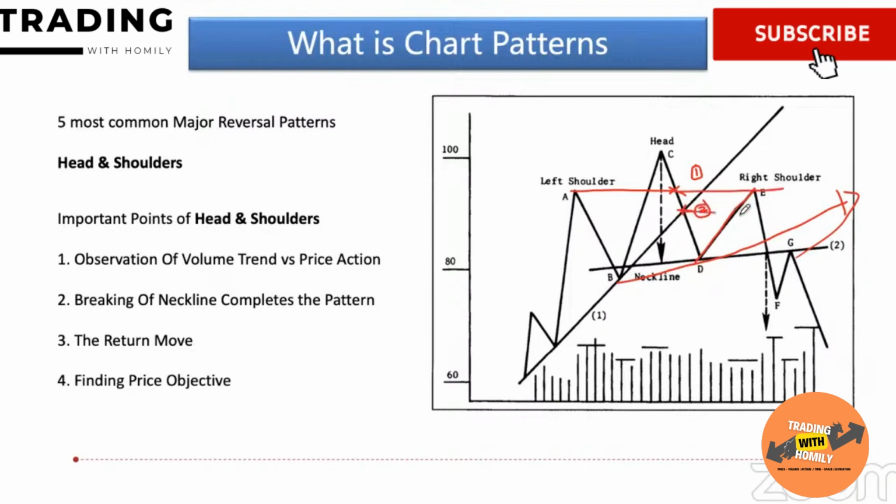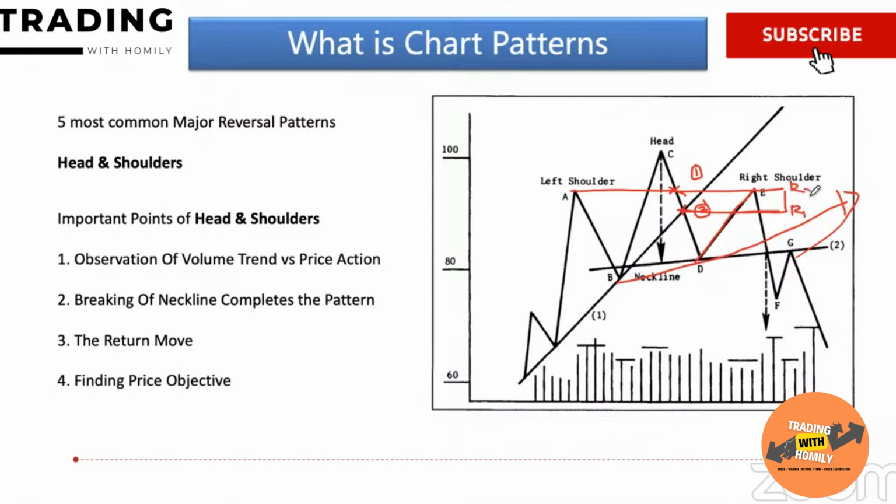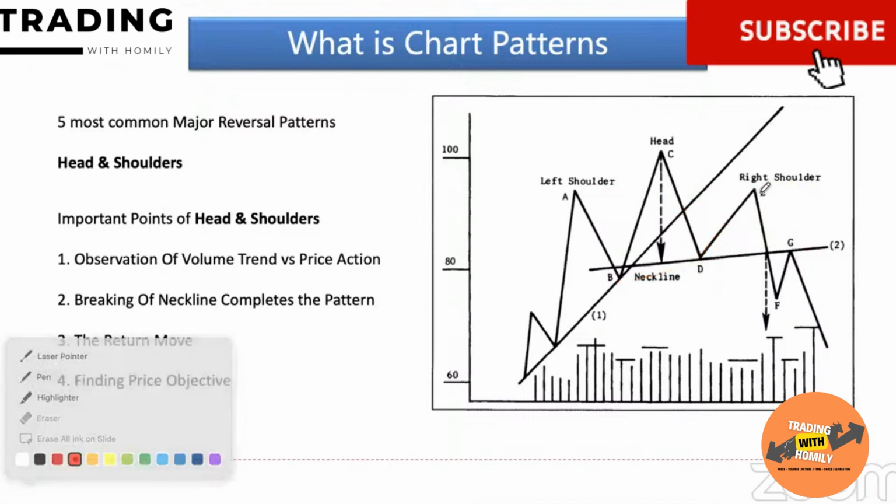This one can be one of your targets as well, because this is where a lot of people will close their positions, especially the technical people. So this will become another level of resistance. Resistance 1, resistance 2. When you're done with this, the price actually fell.